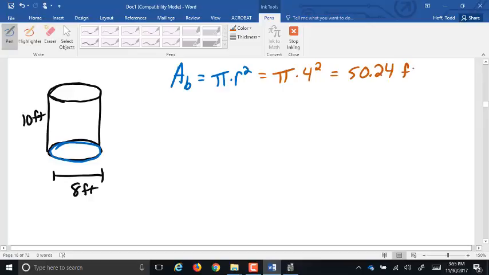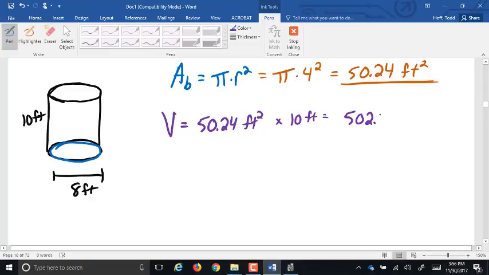It's in feet, so that'll be square feet. The volume then is that area of the base, 50.24 square feet, times the height of 10 feet. So 50.24 times 10 is 502.4. Square feet times feet is feet cubed.